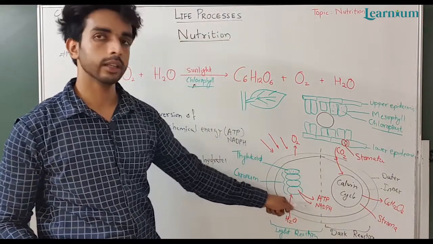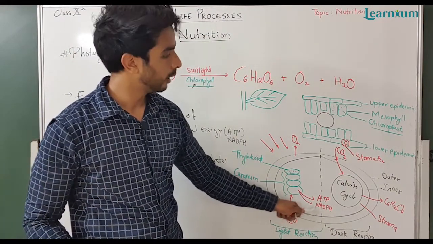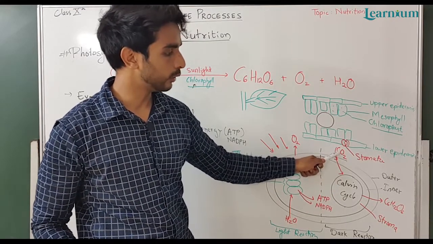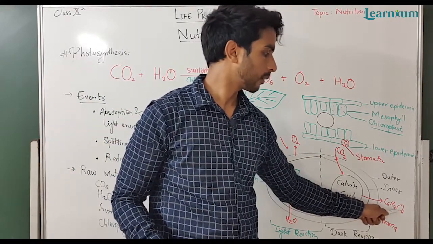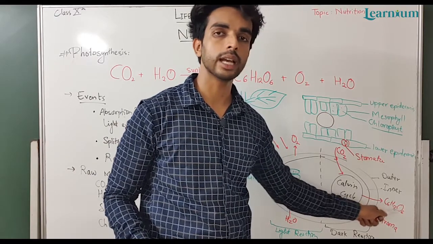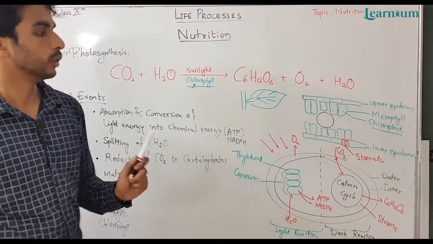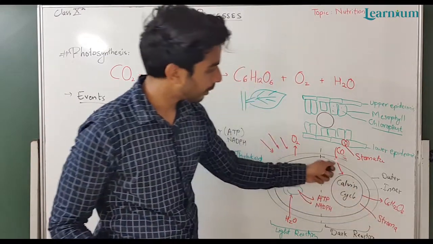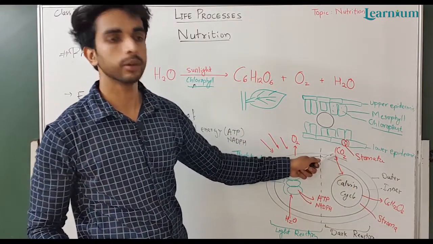It requires energy in the form of ATP and also requires carbon dioxide, and carbon dioxide is getting reduced to glucose, that is C6H12O6. So this is a 6 carbon molecule and carbon dioxide has a single carbon.